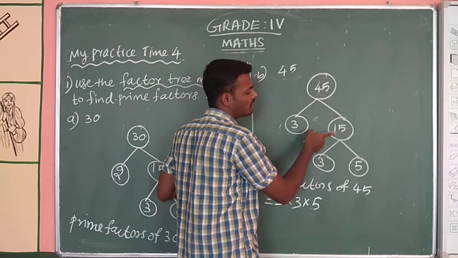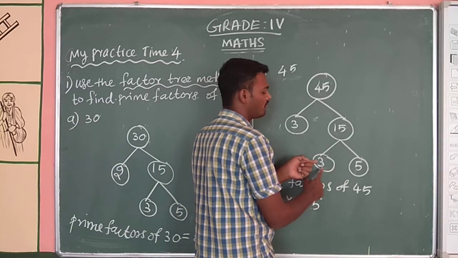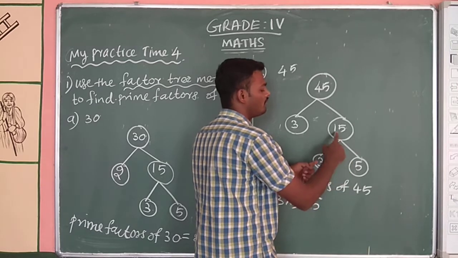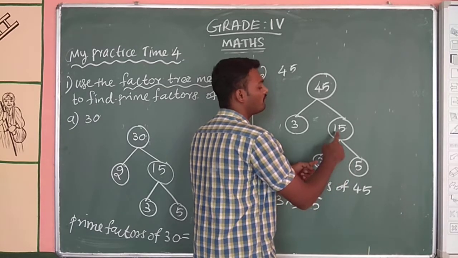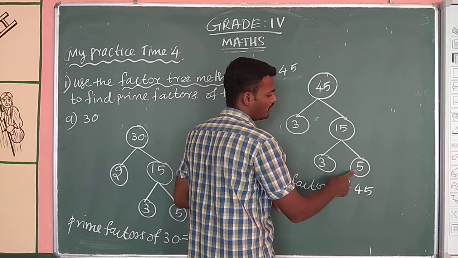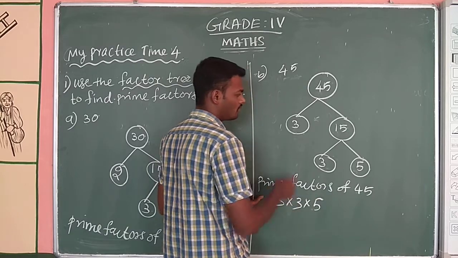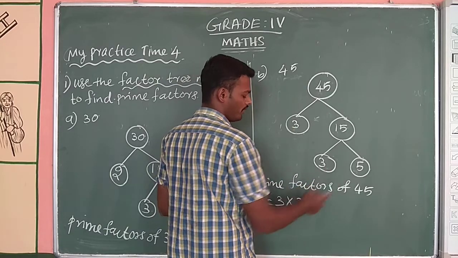So next, third table. In the third table 15 comes as 3 into 5. 3 into 5 is equal to 15. 3 is also a prime number. 5 is also a prime number. So tree method over. Next we can write prime factors of 45 is equal to 3 into 3 into 5.